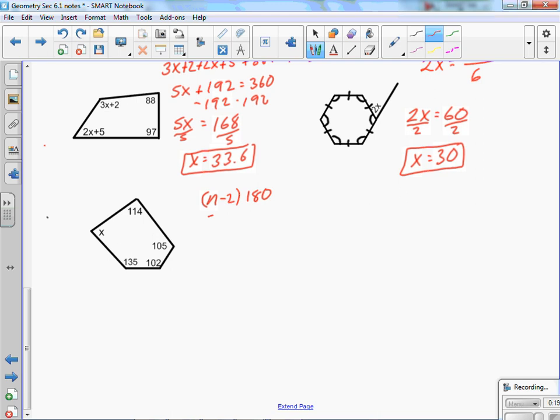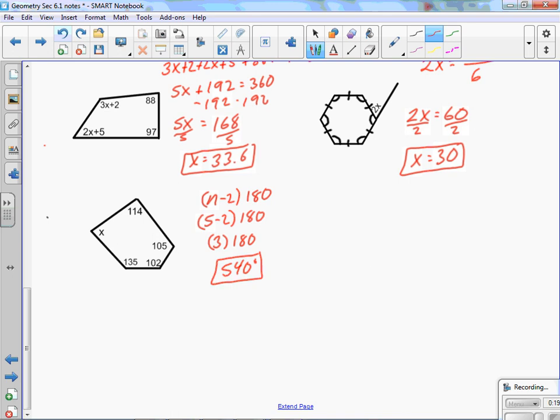So n in this case is 5. So 5 minus 2 times 180, or 3 times 180. So it'll be 540 degrees for the sum of all those angles.